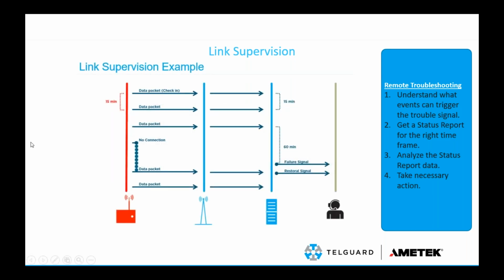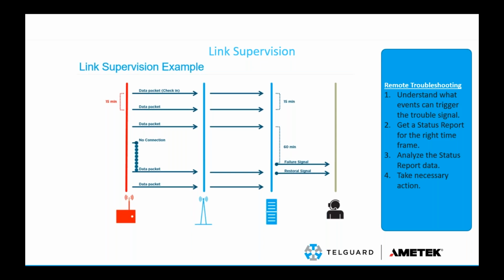Now, to give you a better understanding of what our Linc Supervision does, understand this is for 60-minute supervision. For 5-minute, the intervals are every 2.5 minutes, and for 180 seconds we go about in the middle, for anything 5 minutes or less. For 60-minute, we do 4 check-ins every 60 minutes.